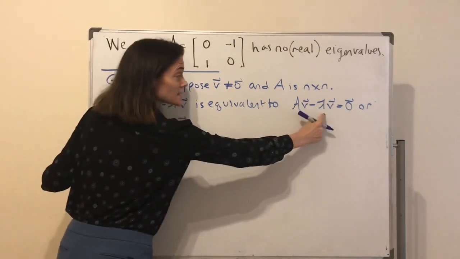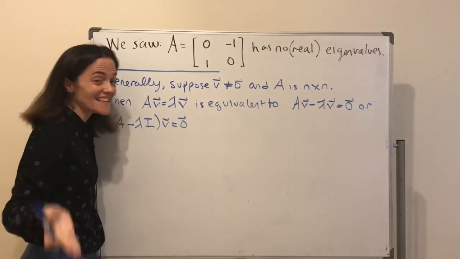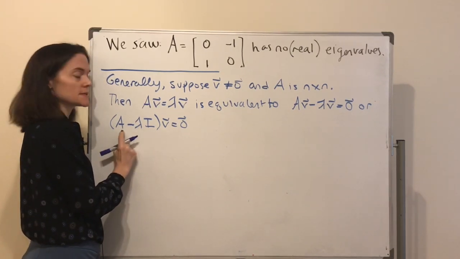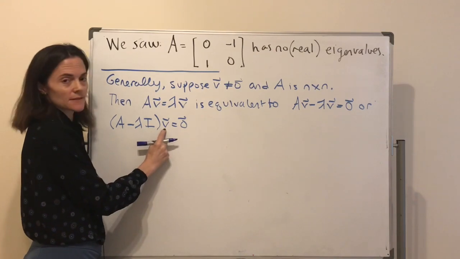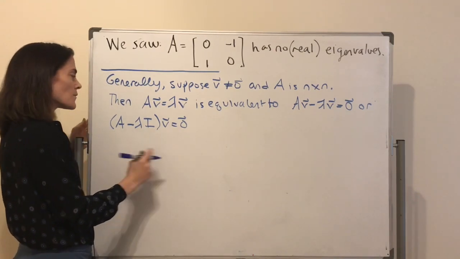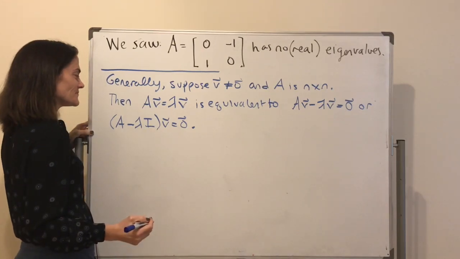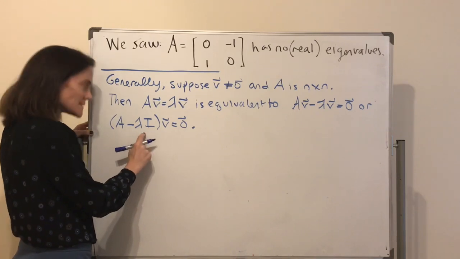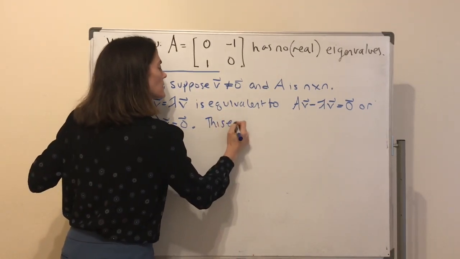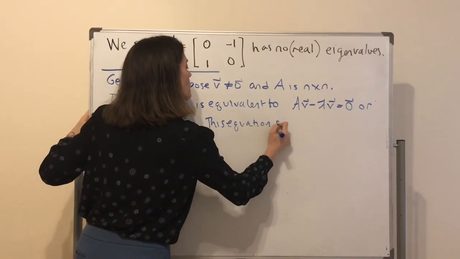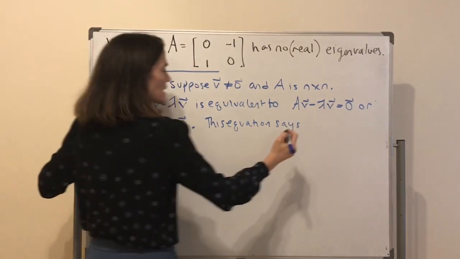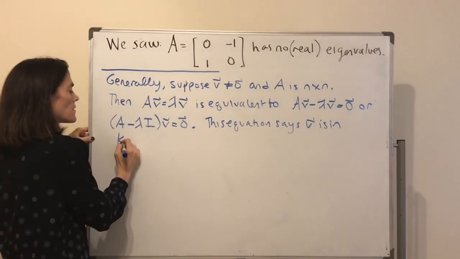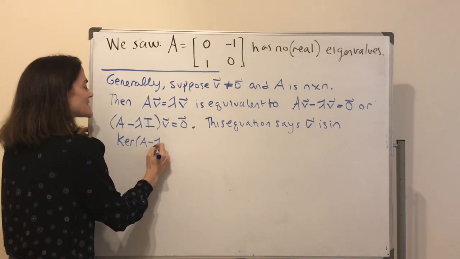These are all saying the same thing. This one, though, I'm writing as a difference of 2 matrices, and then times V. Now, what does this say? This equation says that V is in the kernel of A minus lambda I.